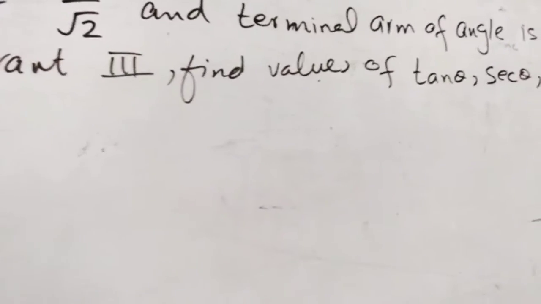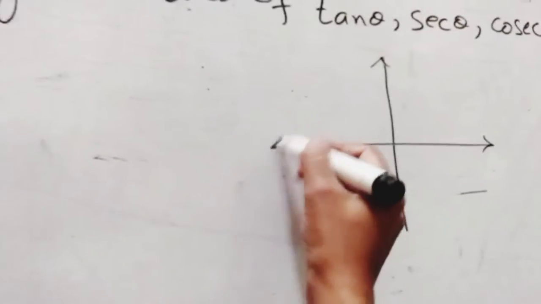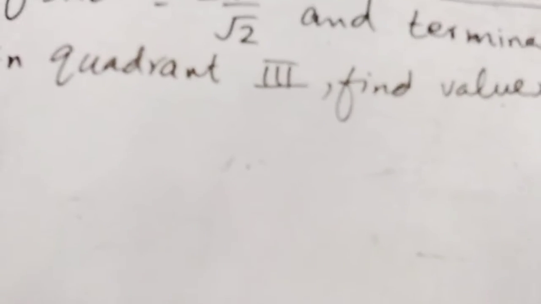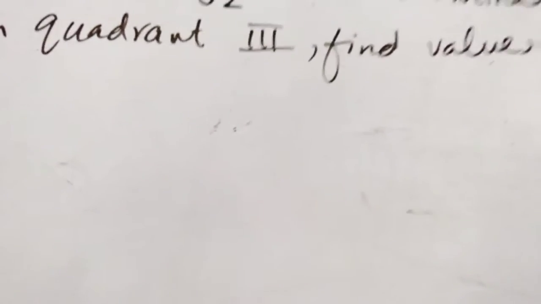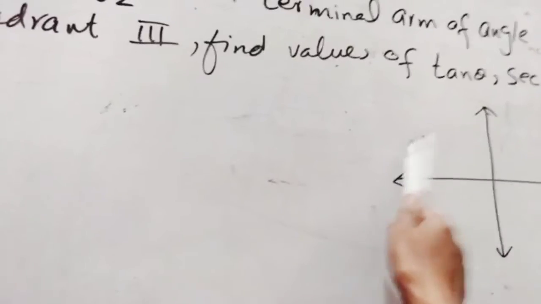Then we will find the values of these. In the first quadrant all values are positive, and here sine is negative, so theta does not lie in the first quadrant. In the second quadrant sine is positive, here it is negative, so it is not possible for the angle to lie in this quadrant.